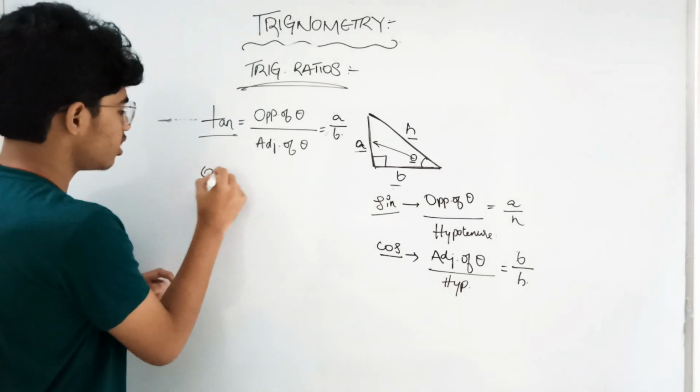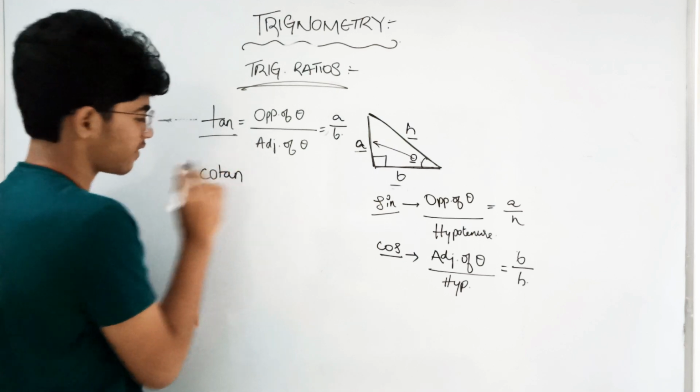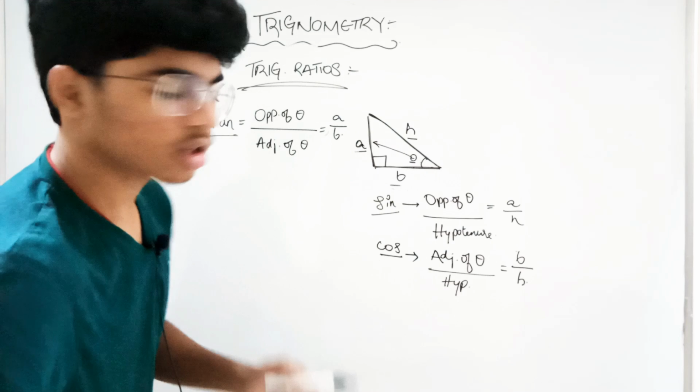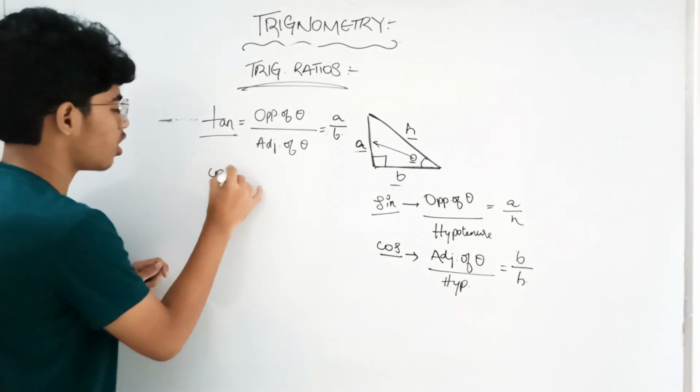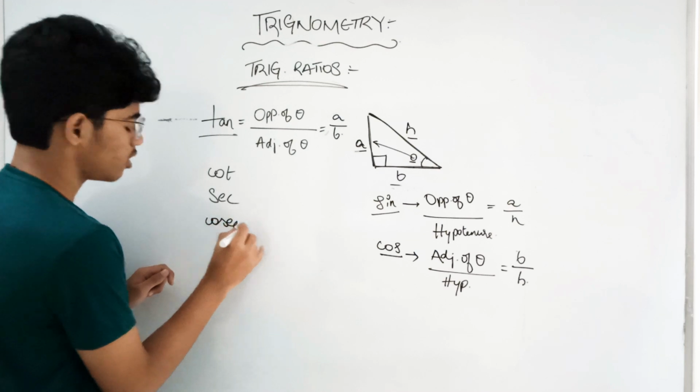Next we have the other three: cot, secant, and cosecant.